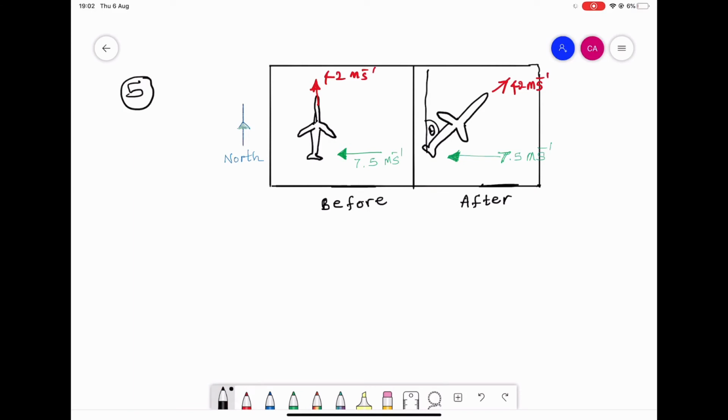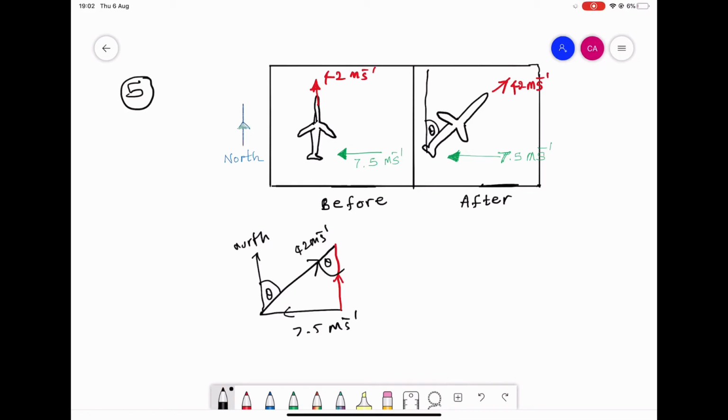If we draw the vector diagram for the plane, the wind is blowing at a speed of 7.5 meters per second and the plane is moving at an angle of theta from north at a speed of 42 meters per second. Therefore, in order to keep the plane moving towards north, the resultant velocity should be in the north direction.